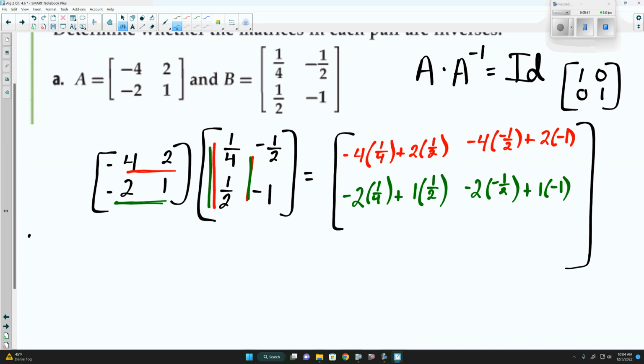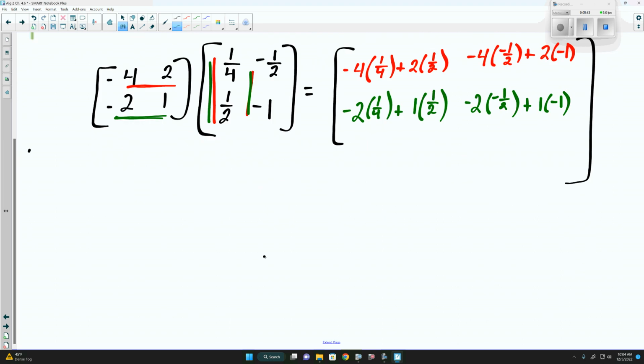Now at this point, we would need to simplify this. And most likely, if you already typed it in the calculator, you already have the answer. Negative 4 times 1/4 is negative 1, plus 2 times 1/2 is 1. Negative 4 times negative 1/2 is 2, minus 2.